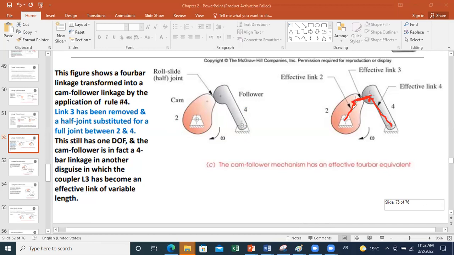Now, this line of contact has the particularity that it has changing lengths. Why? Because of the profile of the cam. Due to the profile of the cam, I don't always have the same distance between this point and the contact one.